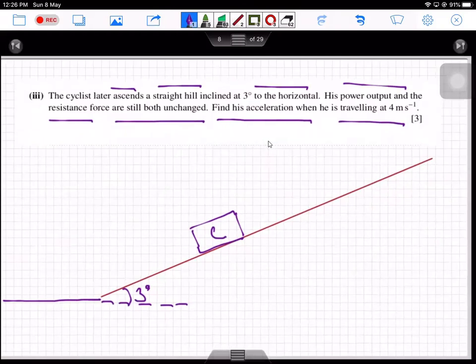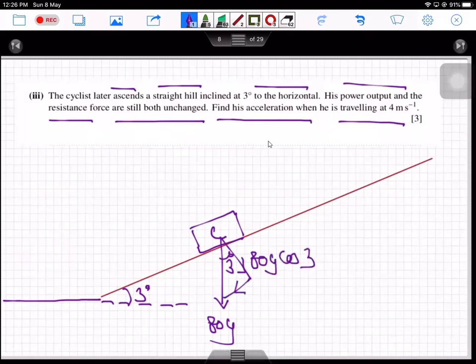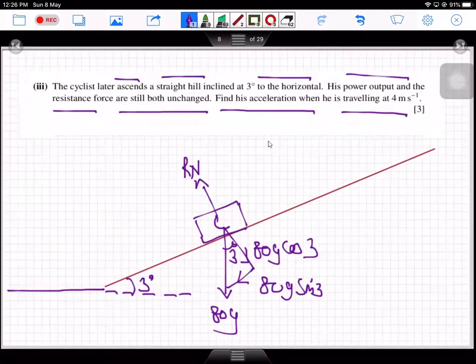Since the mass of the cyclist was 80 kg, weight is acting vertically downwards, 80 g. Since this angle is 3, this angle is also 3. So this component is 80 g cos 3, and this component along the hill is 80 g sine 3, and this is the normal contact force acting perpendicular to the hill.